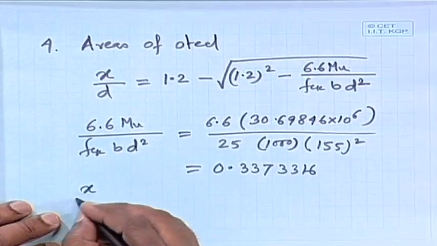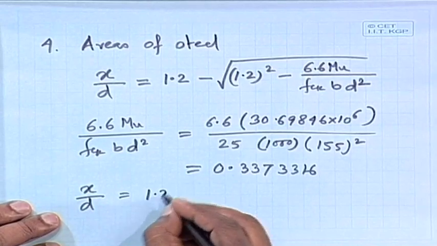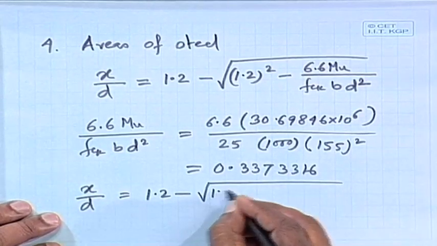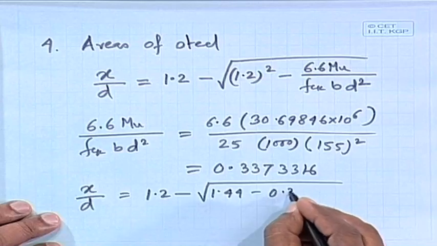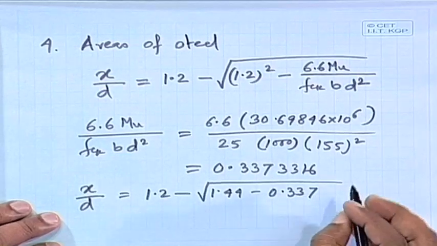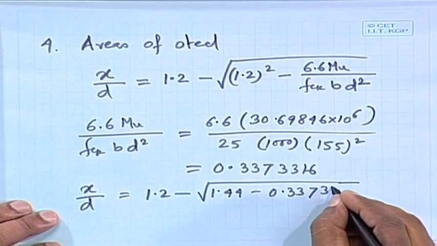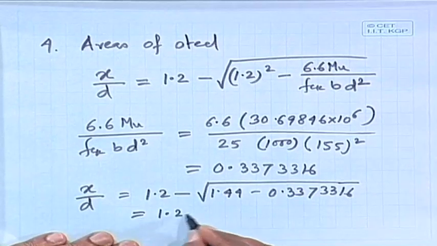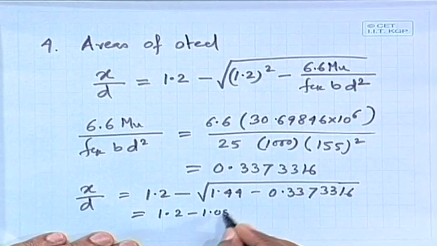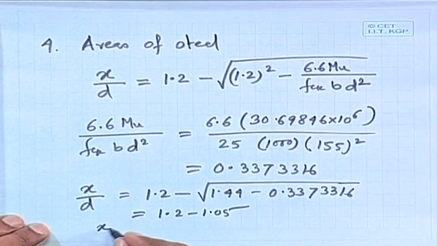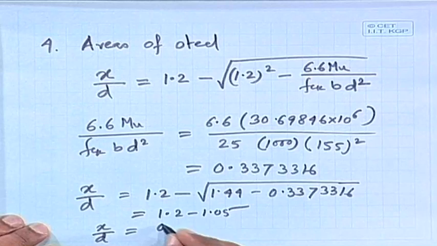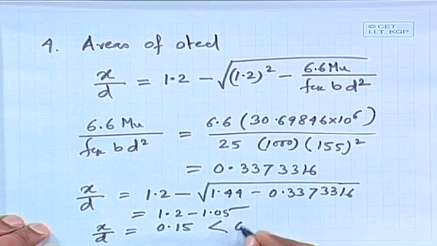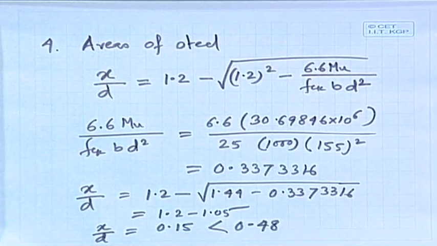So, x by d equals 1.2 minus root over 1.44 minus 0.3373316, equals 1.2 minus 1.05. So, x by d equals 0.15, less than 0.48 for Fe415, that we have to check.